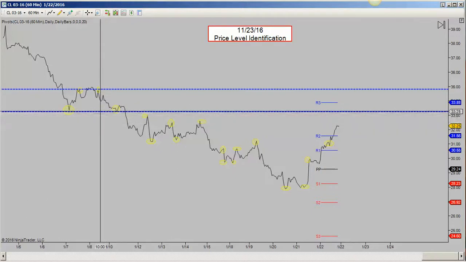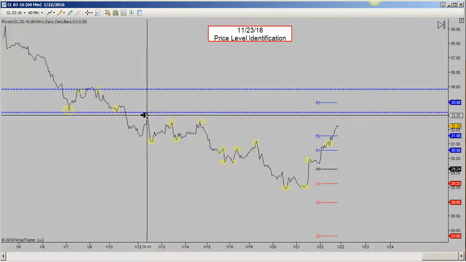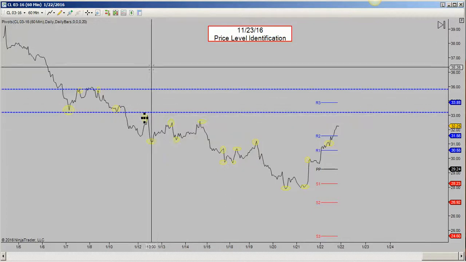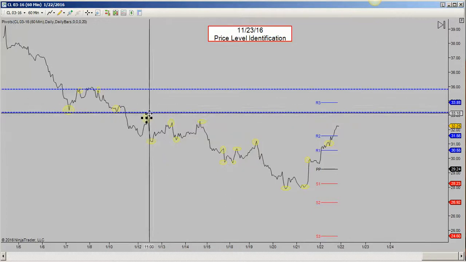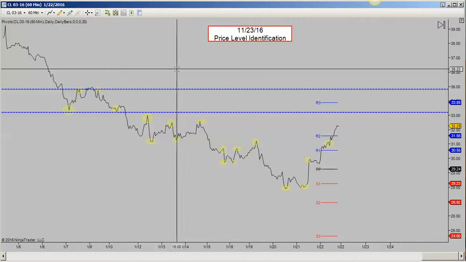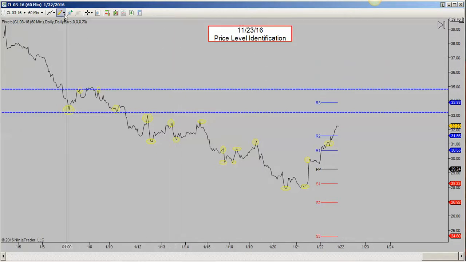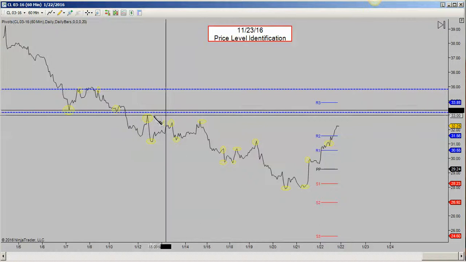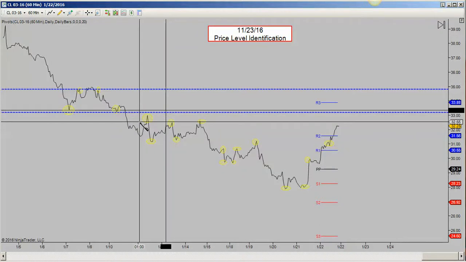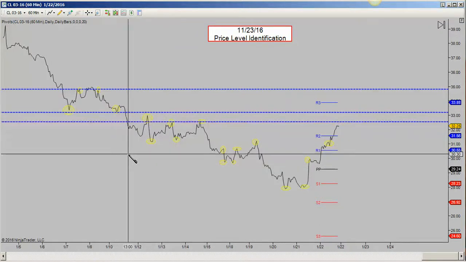And sometimes we have to err on the side of, you know, there's a margin of error there. Okay, so like so. There's another small one right in there, connecting these three.